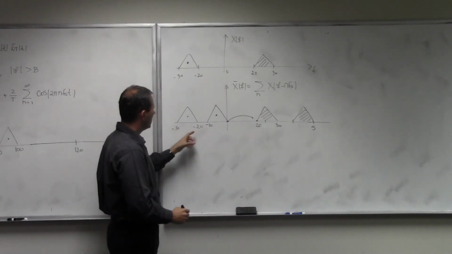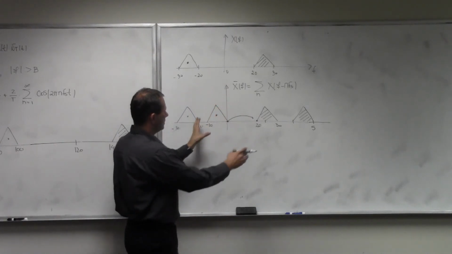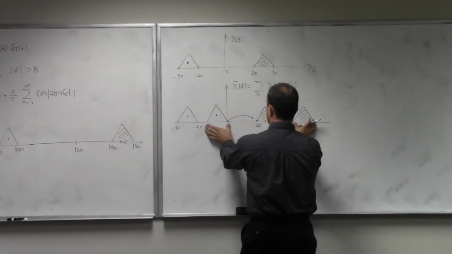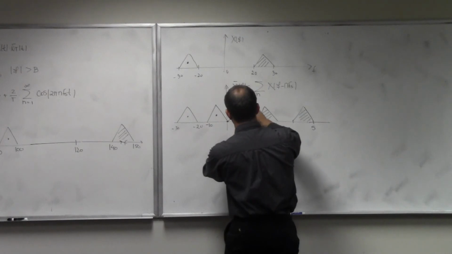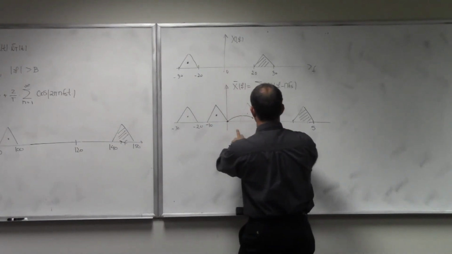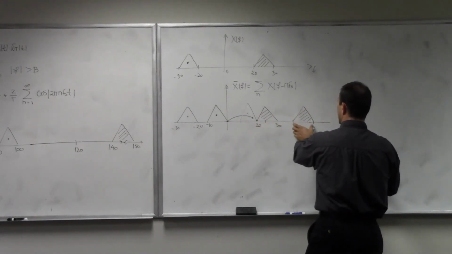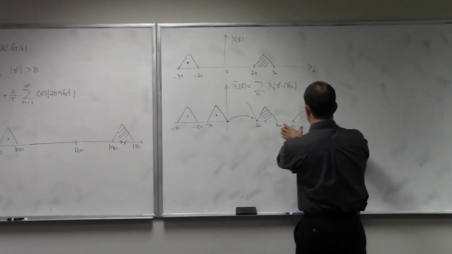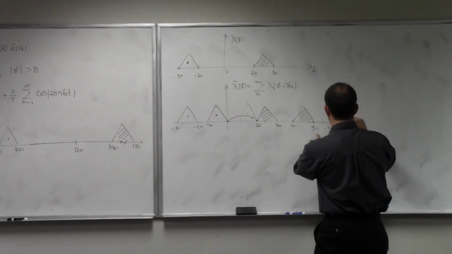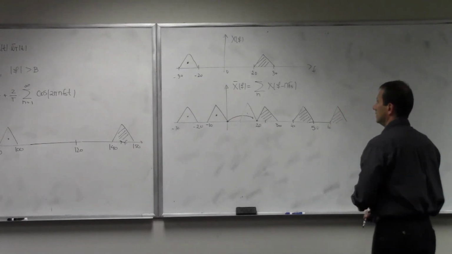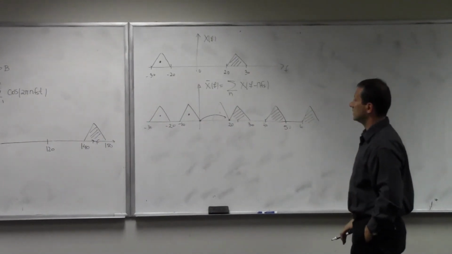So what happens in that case? This signal now shifts by 20 again. So this minus 10 becomes 10. And this 40 becomes 60. Okay? And the question is, are they going to start overlapping, right? That's the problem.